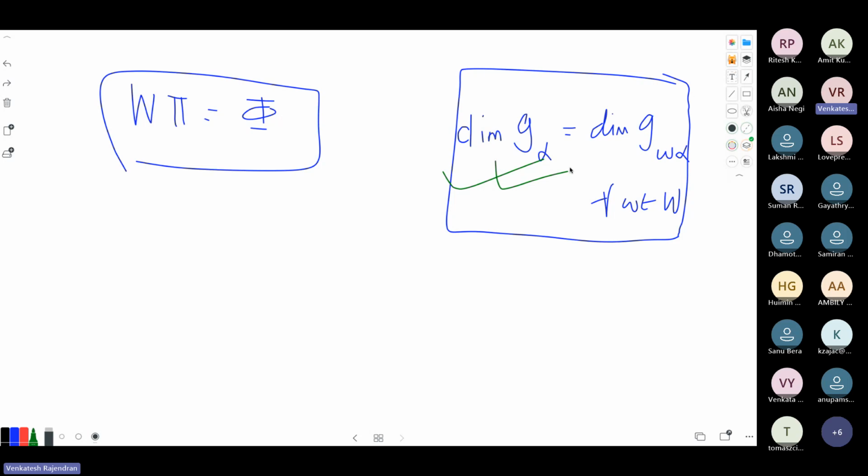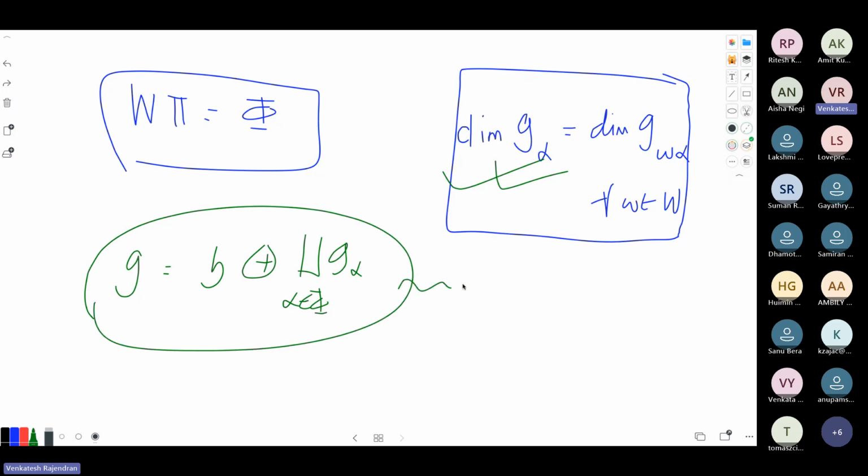And the final thing is, it's easy to prove it is semi-simple. Once you have the root space decomposition, it is just as before, like in SL_n, for example, how you prove it is simple. Same way, you can just use the information about the root system to prove that this must be a semi-simple algebra.